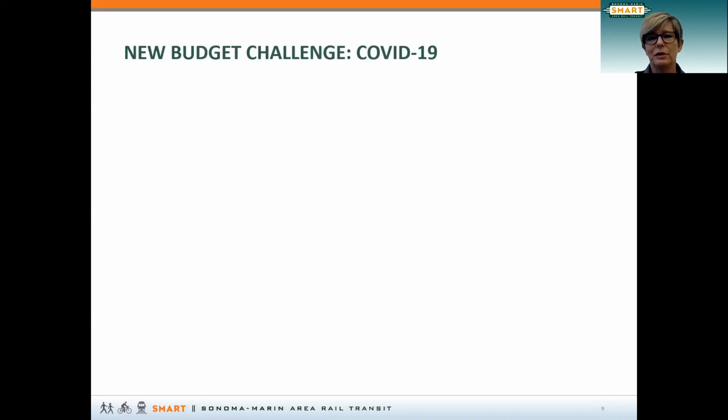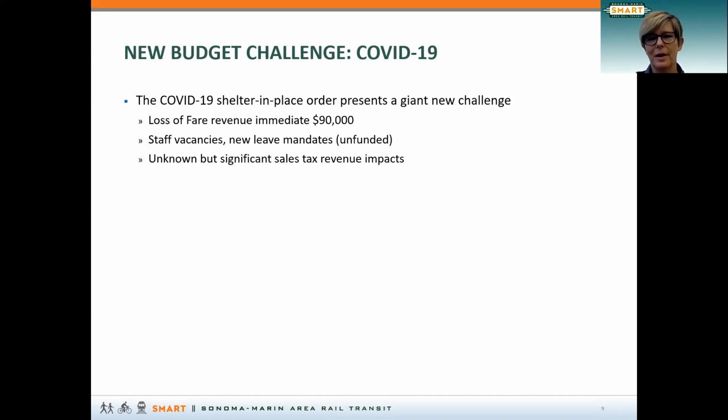Then just to give you an overview of what we're looking at for fiscal year 20 and closing out fiscal year 20, which is the current year. We are looking at a loss of fare revenue immediately of $90,000 a week. We have staff vacancies that are starting to happen because of the virus, as well as new leave mandates that are unfunded.